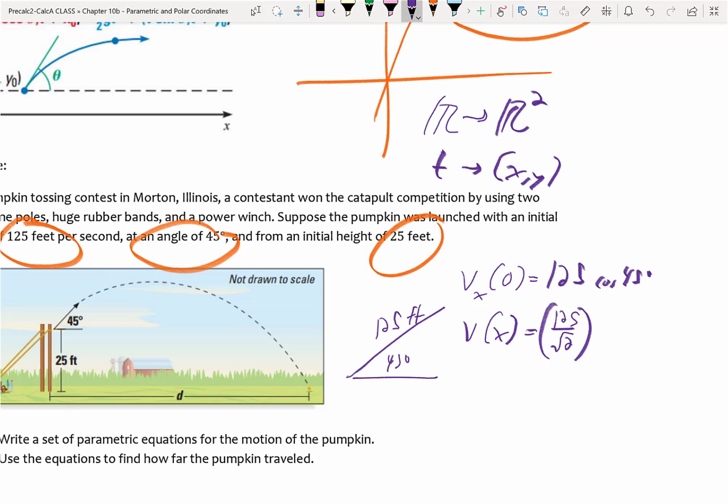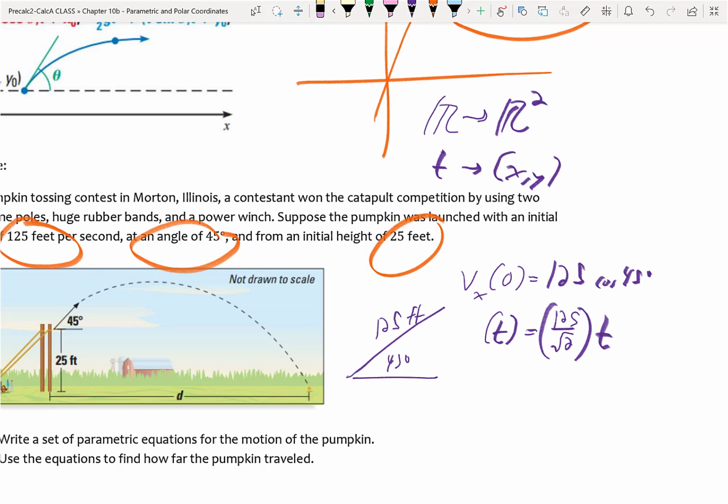And if it's horizontal, that's actually the constant velocity horizontally completely. So sorry, not v of x. We're going to go v of t, v sub x of t. That would be multiplied times t. So this is the velocity.